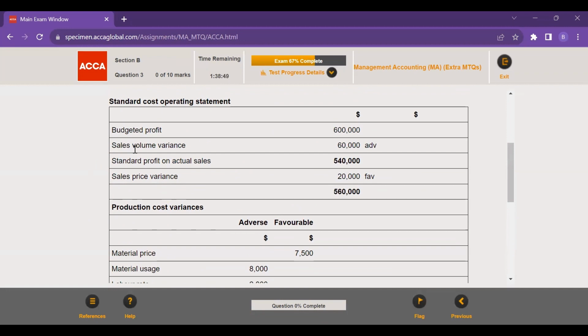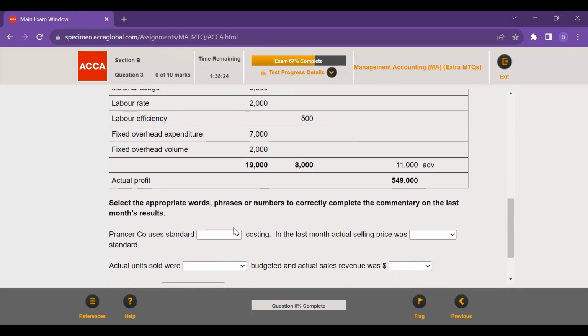So if we have a look at this, this has been valued at your standard profit 600,000. So it has been valued on this figure. So only when you are using the absorption costing, only then you are going to be valuing your sales volume variance on your standard profit. So that is why your answer over here will be absorption costing.